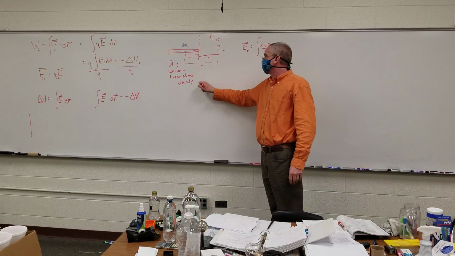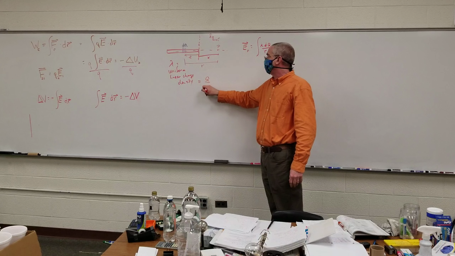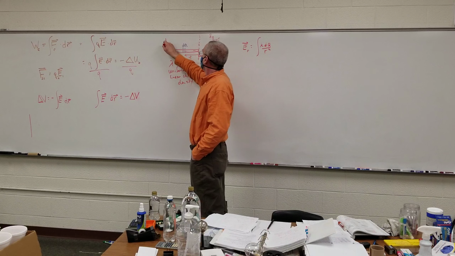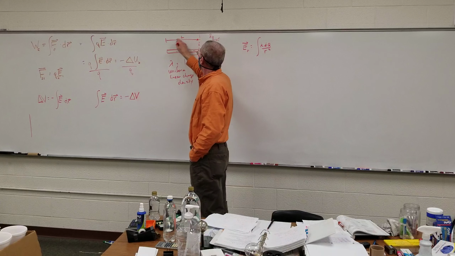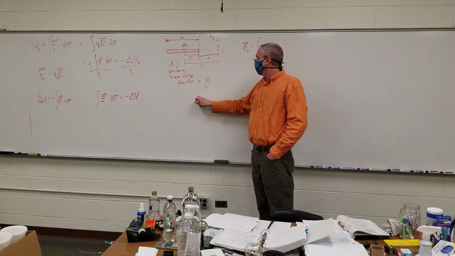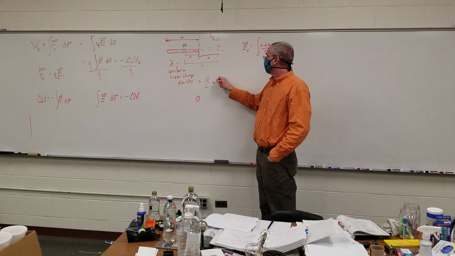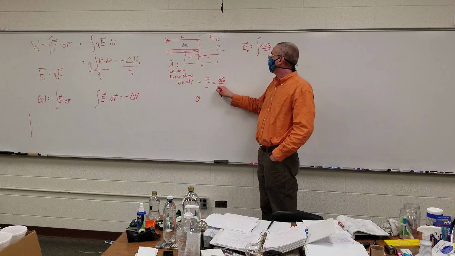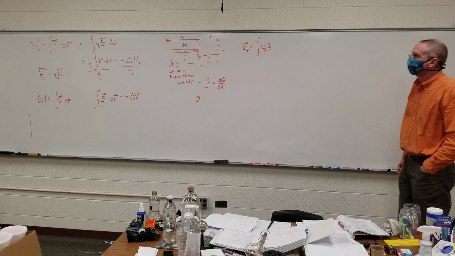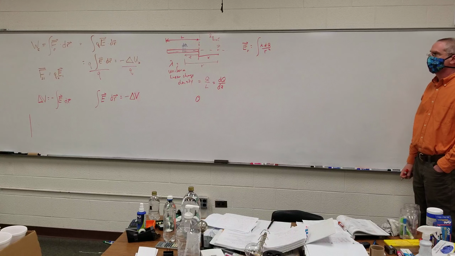Because linear charge density is charge divided by the length. I guess I just now established that the length of this is L. And that's also going to be equal to dq over dz.